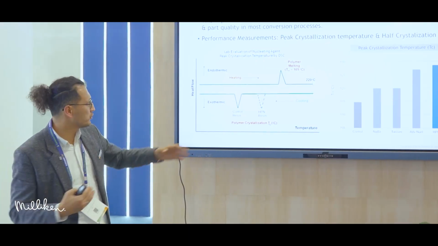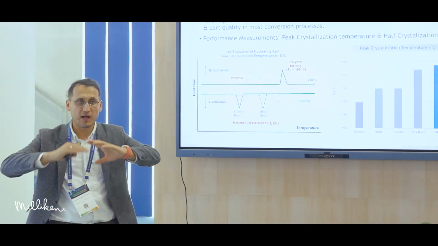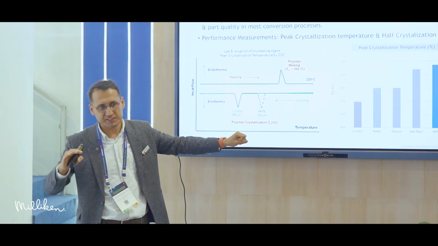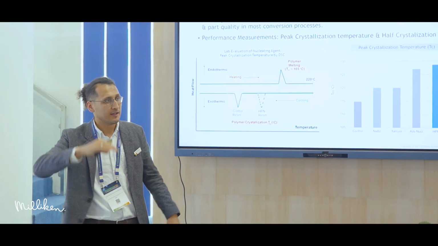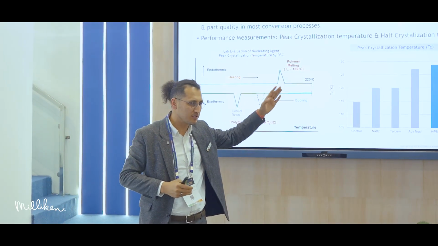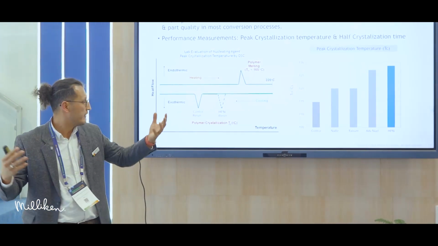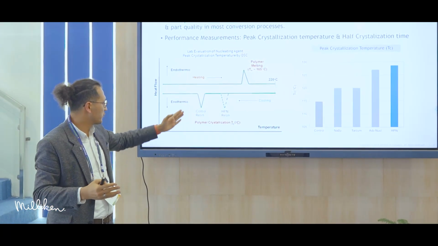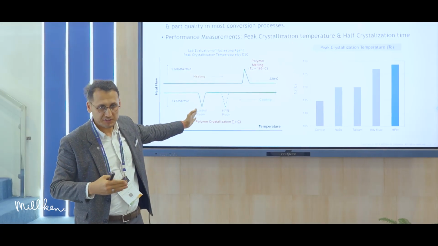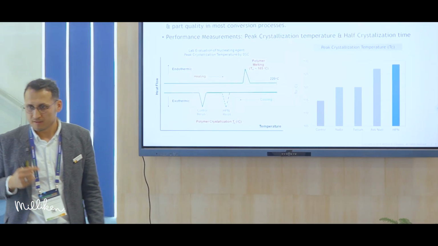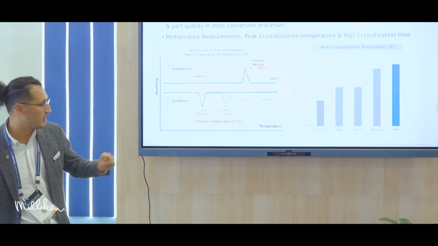This is an illustration of how the TC works. Right? So when it extrudes, you will have a high temperature. The PP starts to melt around 160, 165, and then goes to 220 or 230. When it starts to cool down, when the part is being formed, at some point you will start to have the crystal starting to grow. That is what we call crystallization temperature. If you have questions, just ask me.